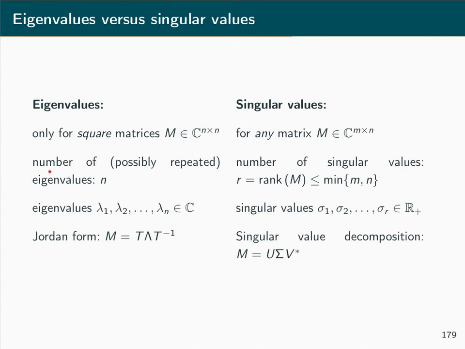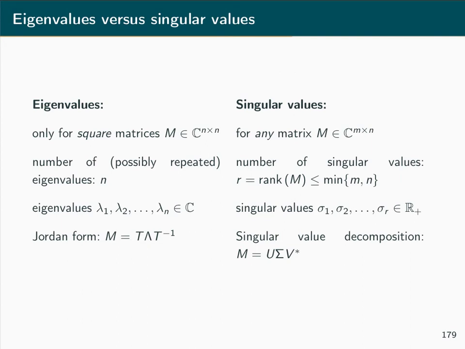Second, the number of eigenvalues, which may possibly be repeated or possibly be equal to 0, is always equal to n, where n is the dimension of the square matrix. The number of singular values, on the other hand, is always equal to r, where r is the rank of the matrix M.